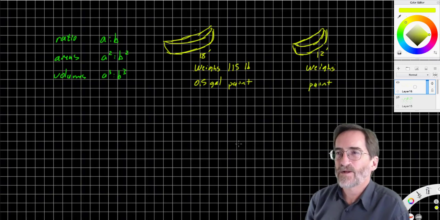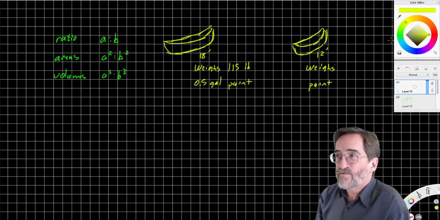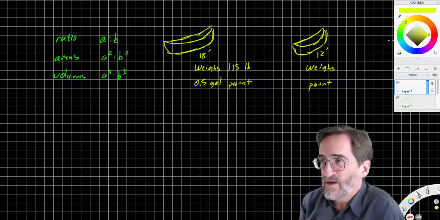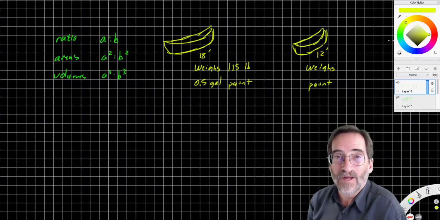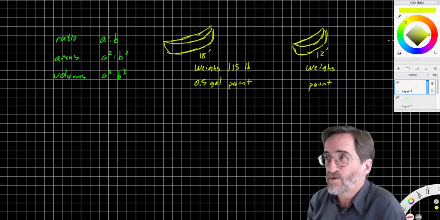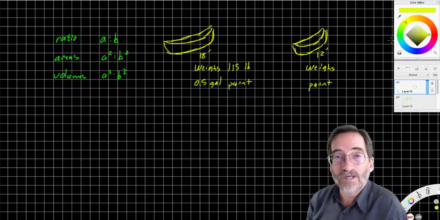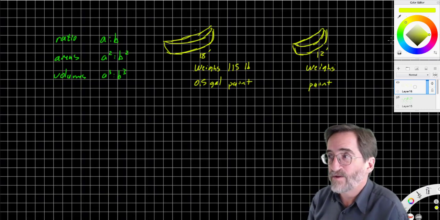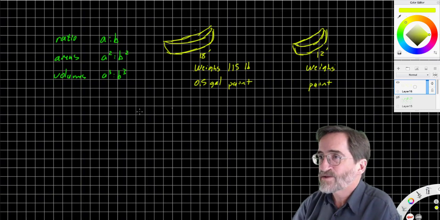Now you'd think, being 12 feet long, it's about a ratio of 12 to 18, 2 to 3. So it's 2/3 the length. You would think it would weigh 2/3 the weight, and it would use 2/3 the amount of paint, but that's not correct. Let's look at the ratios.